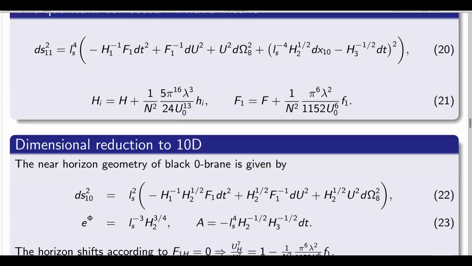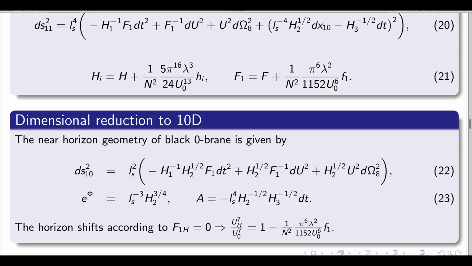When we reduce this corrected M-wave to 10 dimensions, we obtain the quantum-corrected black zero-brane metric, given in equation 22. The quantum-corrected dilaton field phi and the Ramond-Ramond one-form potential A are given in equation 23. Finally, the location of the horizon shifts slightly due to the correction, as expressed by the condition F1 evaluated at the horizon equals 0.